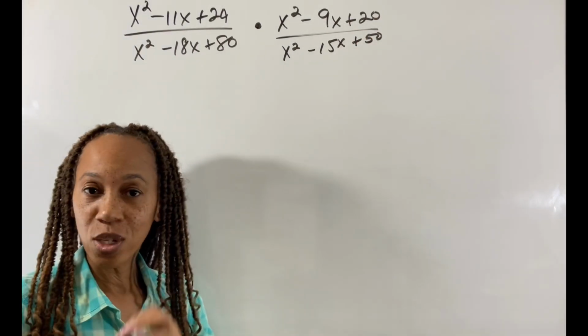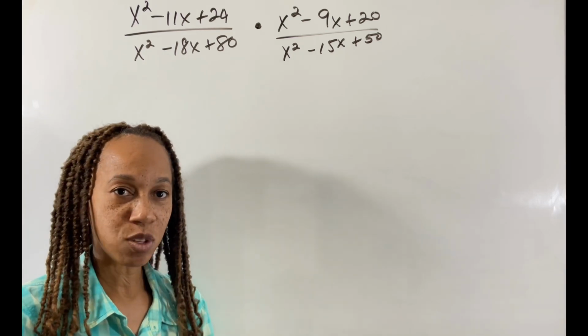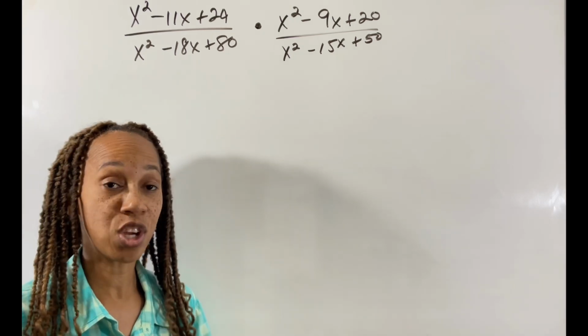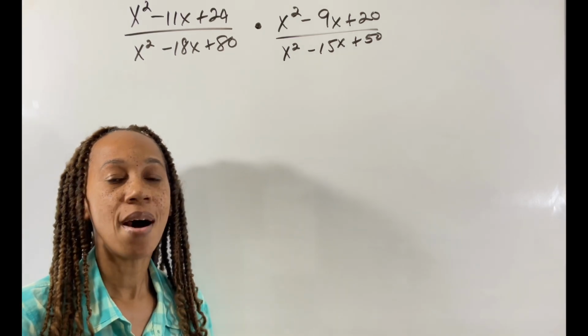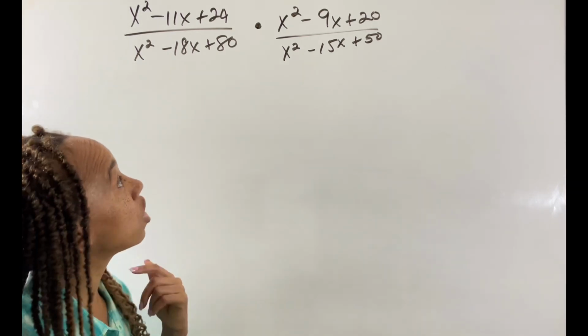We have 4 quadratic expressions here to factor out. And if you don't remember how to factor quadratic expressions, you can go back and watch my video on how to factor quadratic expressions, and that will help you build your confidence.